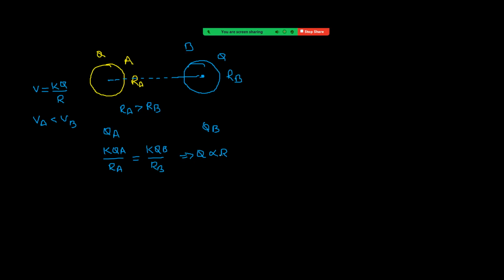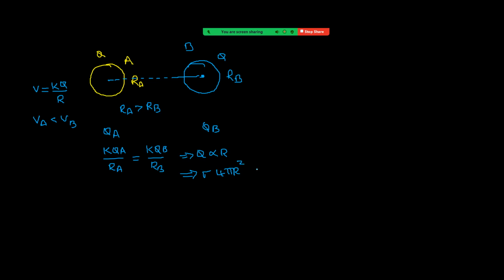Already we have verified the option that inside the cavity, field is 0. Next, we have to focus on sigma A by sigma B. See how to find it. Q can be written as sigma into 4 pi r square.